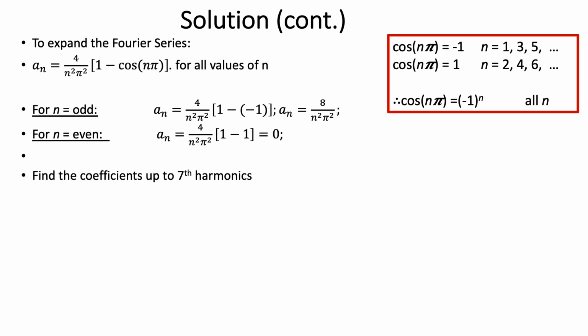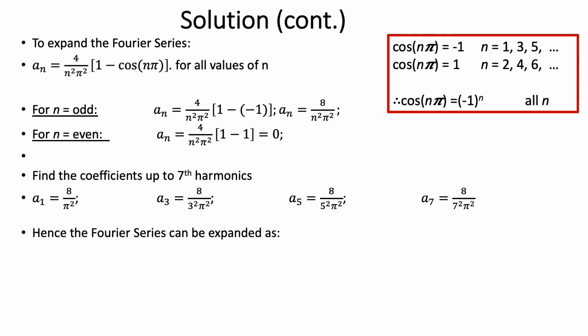If we find the coefficients up to 7 harmonics, we have a1 equal 8 over pi square, a3 equal 8 over 3 square pi square, a5 equal 8 over 5 square pi square, a7 equal 8 over 7 square pi square.